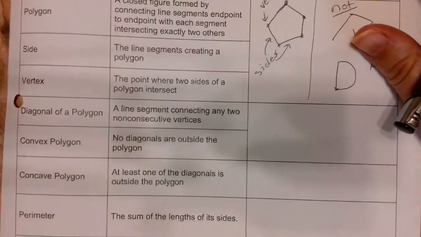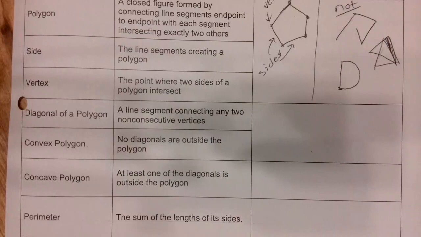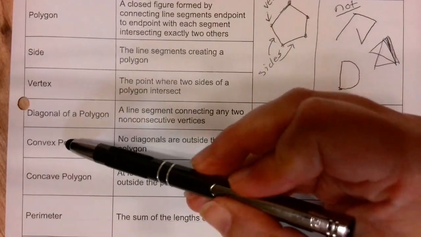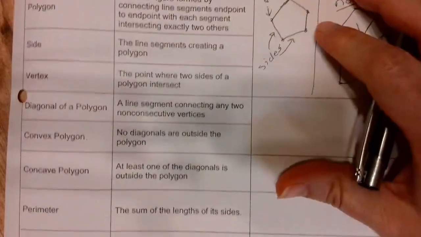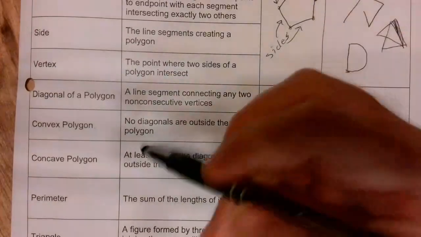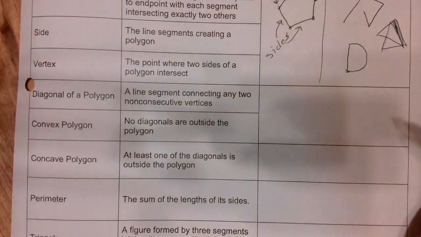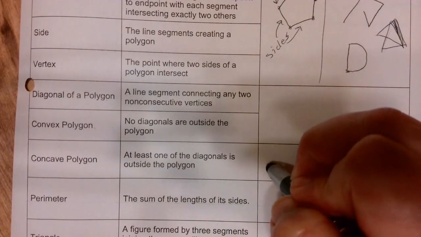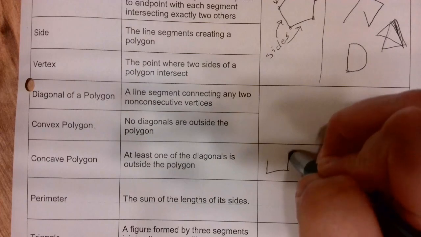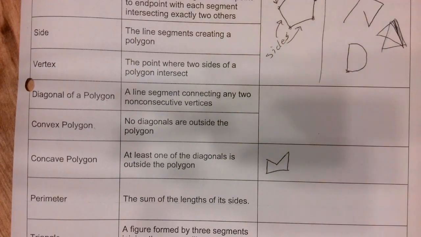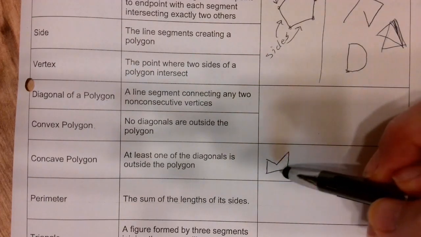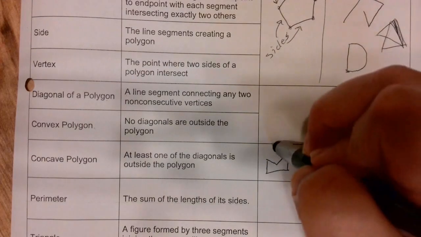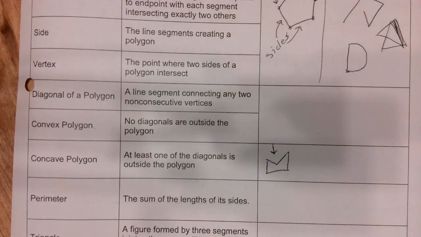The diagonal of a polygon. So we have 2 words here. We have convex and we have concave. To me, a concave polygon is the easiest one to draw. It's one where your polygon actually caves inward at some point. So if I were to draw a pentagon like this, 1, 2, 3, 4, 5 sides, the cave is right there.